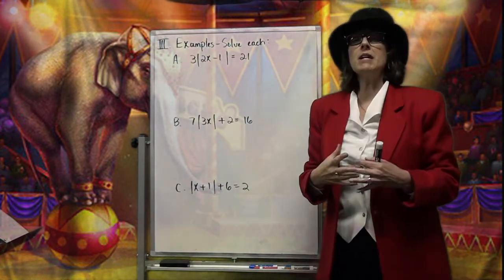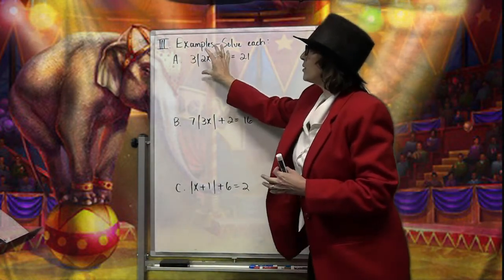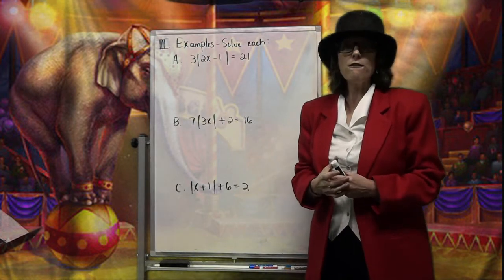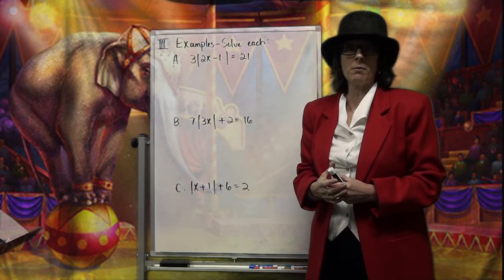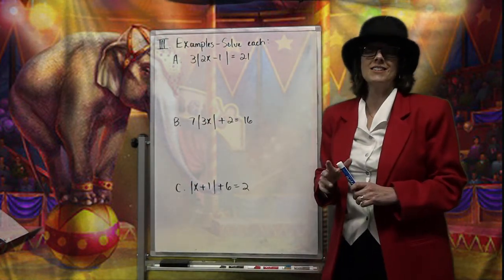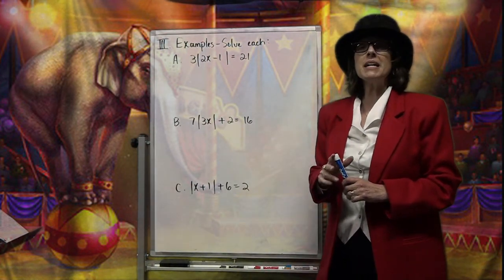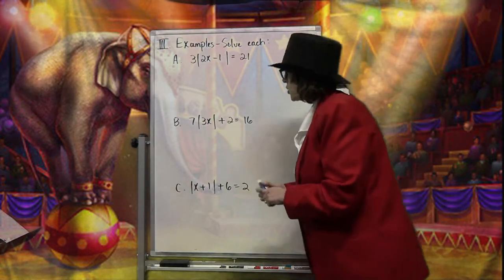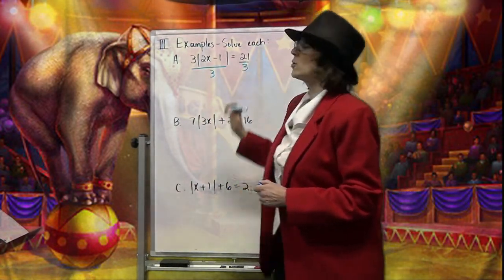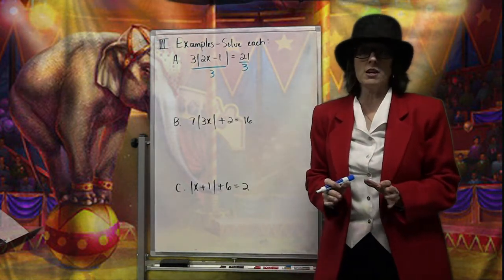So what that leads me to understand is I need to get this absolute value completely by itself so that I can talk about how far it is from 0 on the number line. So that means that my first step is going to be to isolate that absolute value. I'm going to get it completely by itself. So that means I'm going to divide through by 3 on both sides, because what I do on one side of the equal sign I have to do on the other side of the equal sign.